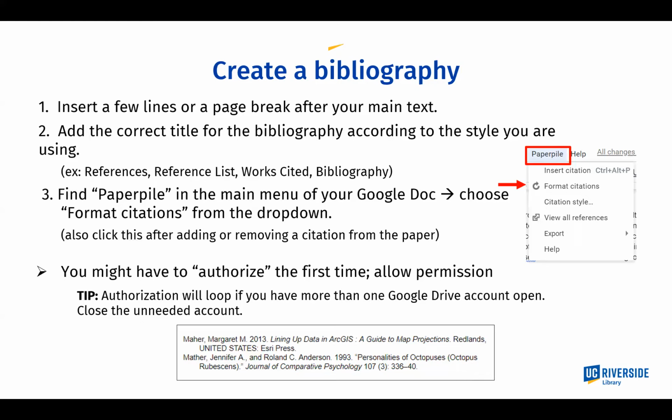Don't do anything. So I was like, oh no, this is not working. And then I finally found the answer, which I had to close my personal Google Drive account, and then it worked fine. So just have the one open. And then poof, you get your bibliography in the right order, in the right format, all at once, just based on whatever citations you have put in the body of your document. It's wonderful.